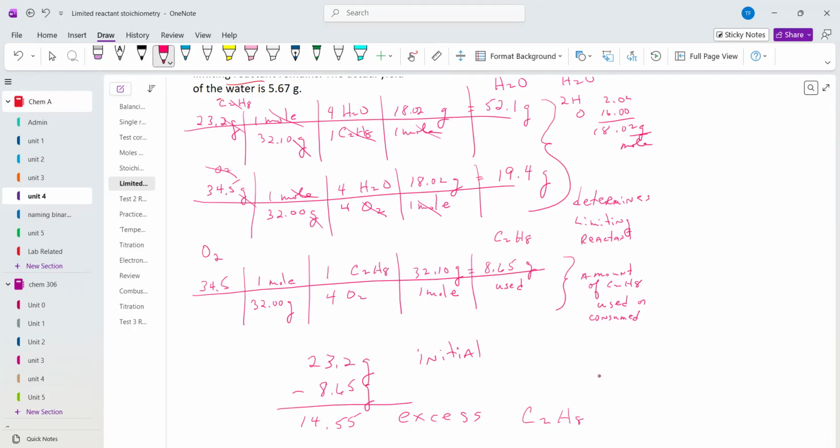Now, the problem states that we made 5.67 grams of water. Our theoretical yield of water is 19.4.